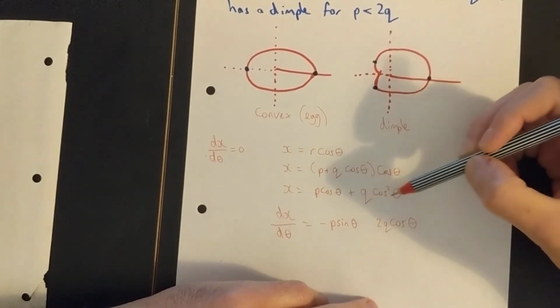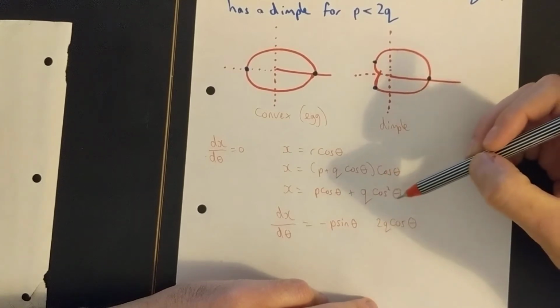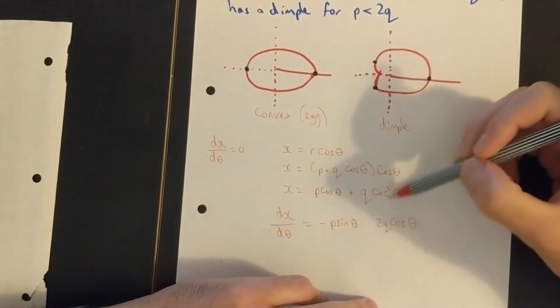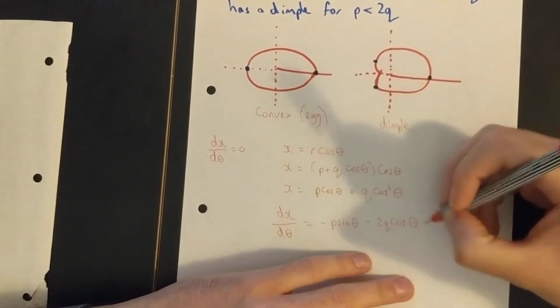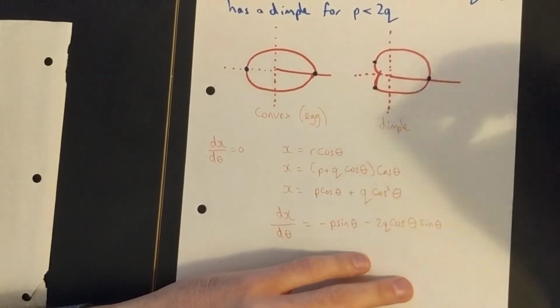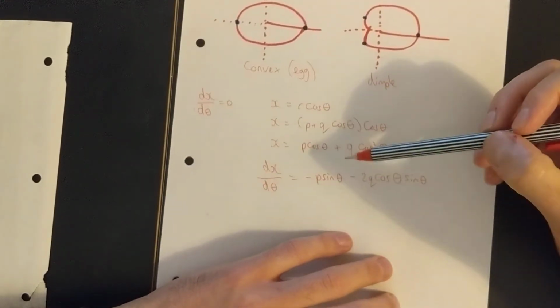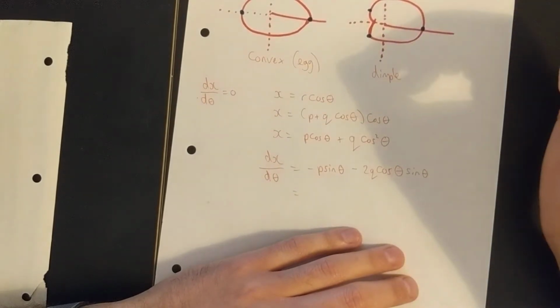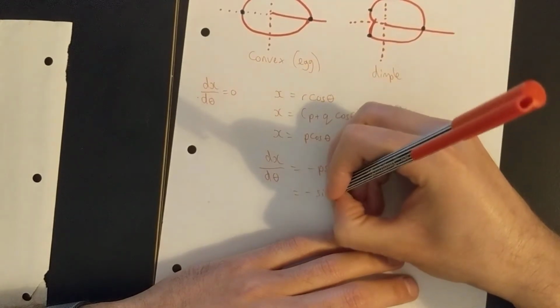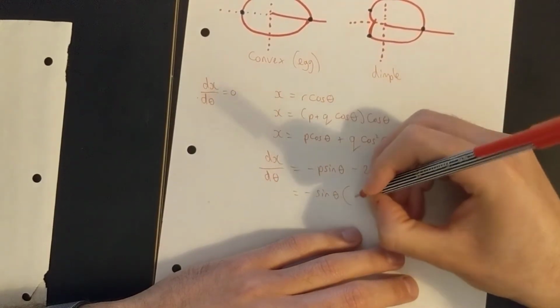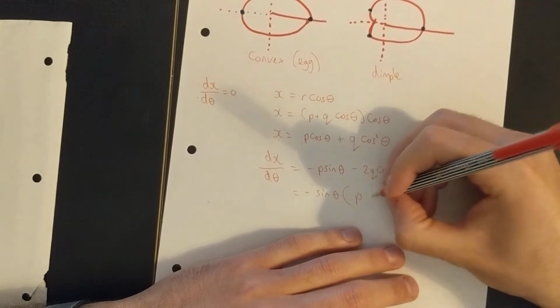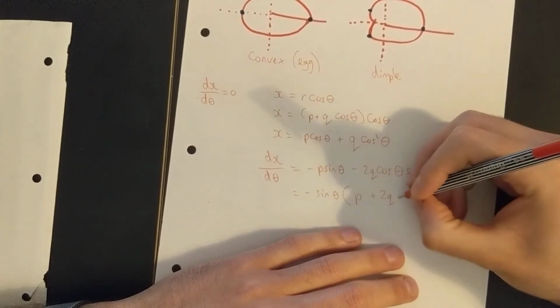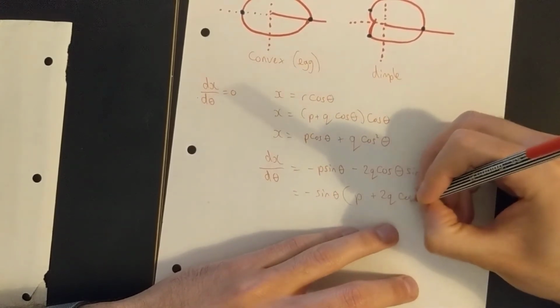So that's going to be 2q times cos theta multiplied by the differentiation of cos theta, which is negative sine theta. So here we can make that look a little bit better. We're going to factorize out negative sine theta from here. So we've got p plus 2q cos theta.